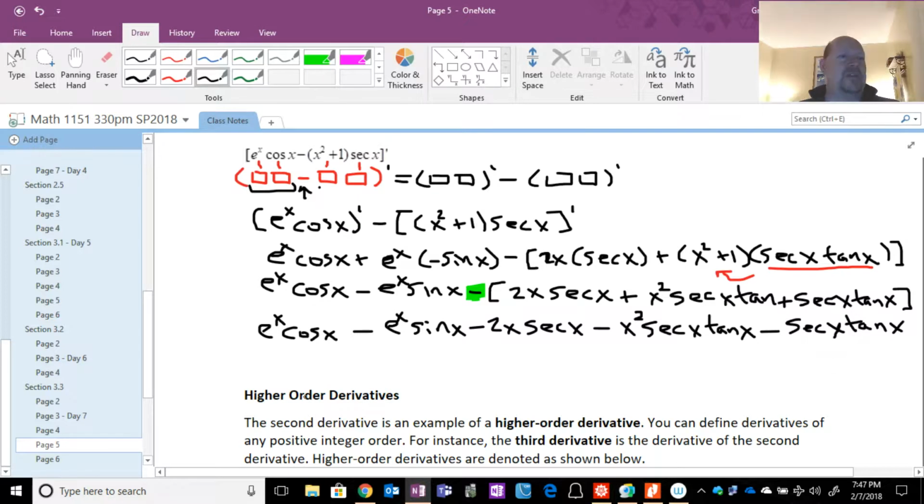Okay, so that long string of terms there is going to be the derivative of the original function.